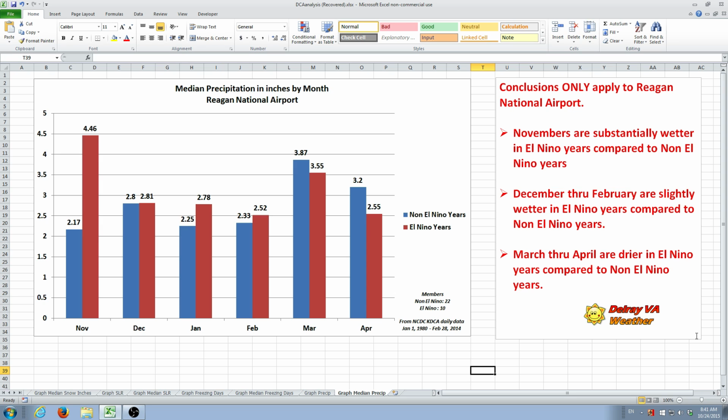Okay, what you have up on the screen right now is the median precipitation in inches by month at Reagan National Airport. Now, I should give you a little statistical background. There are two things I'm sure you've heard about: the median of a data set and the average or mean of a data set. The difference between a mean and a median in data: if the data follows a normal distribution, they will be equal. There'll be no difference. So most people assume they're equal and simply use the average or mean value of the data set.